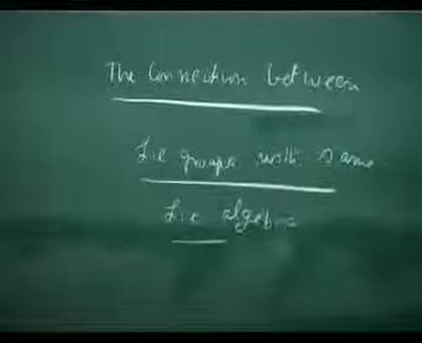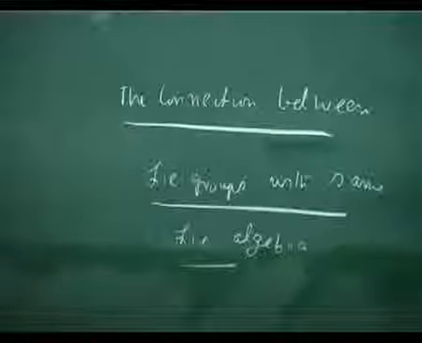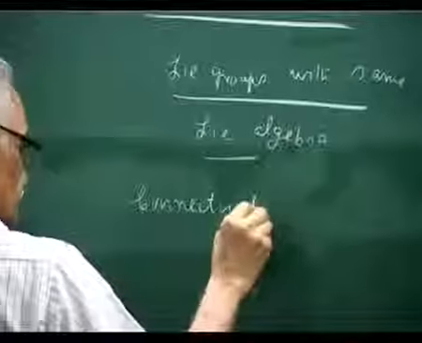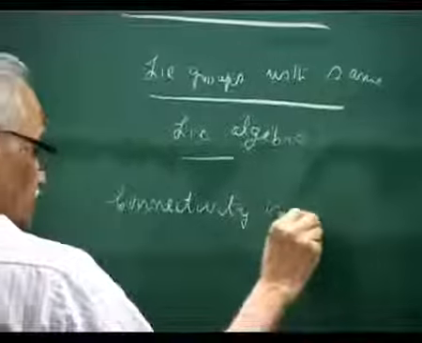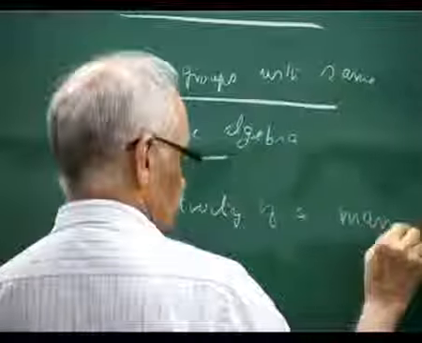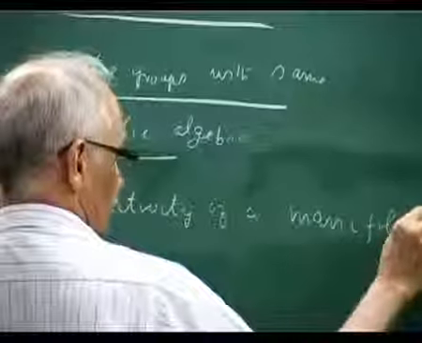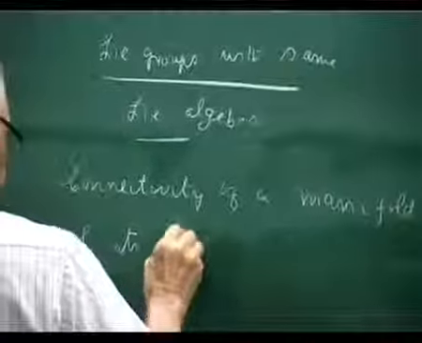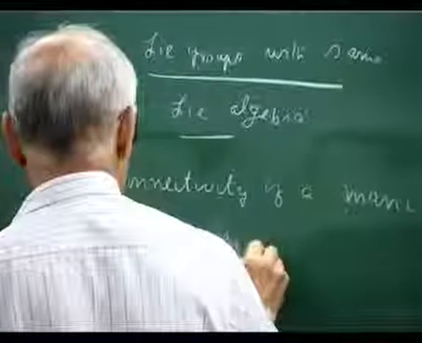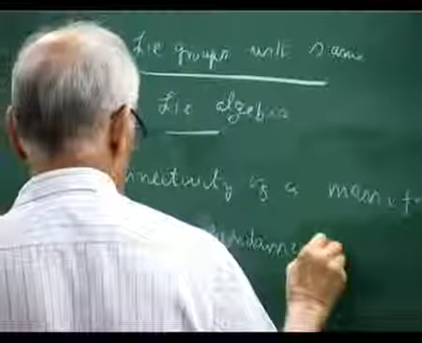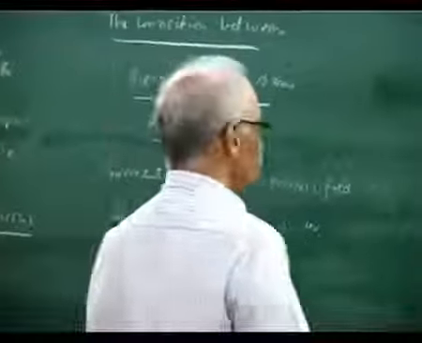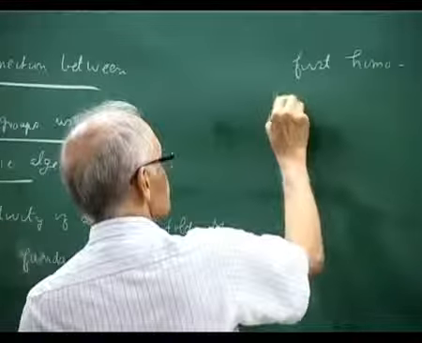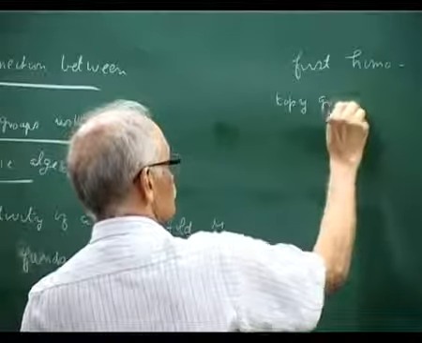Now, to discuss it in a proper way, I have to discuss what is called connectivity of a manifold, let us call it M, and its fundamental or first homotopy group, pi 1 of M.